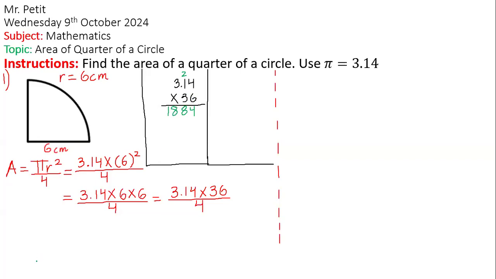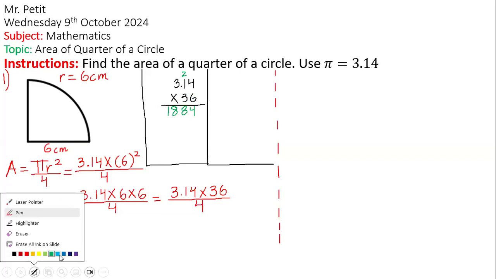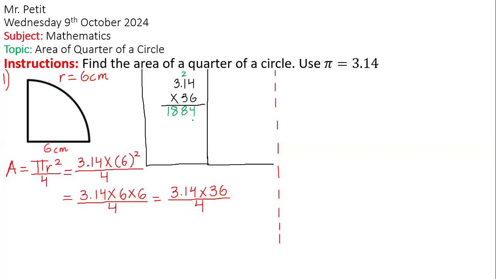Next, we put the 0 down. Now 3 times 4 is 12. Put the 2 down, carry the 1. 3 times 1 is 3, plus 1 is 4. 3 times 3 is 9. Very good.